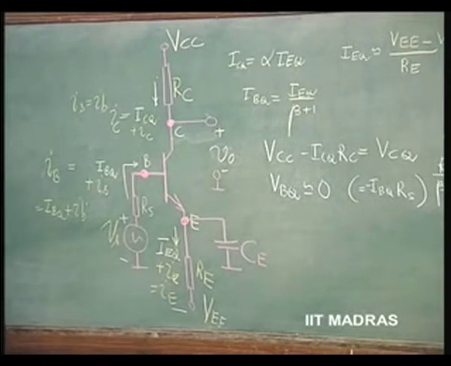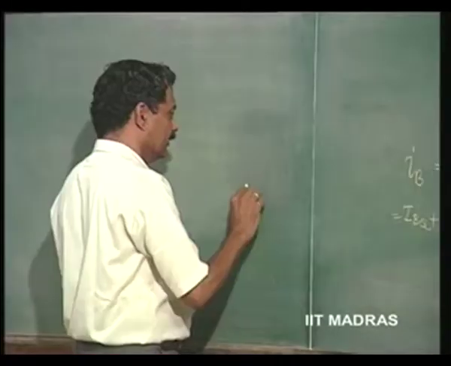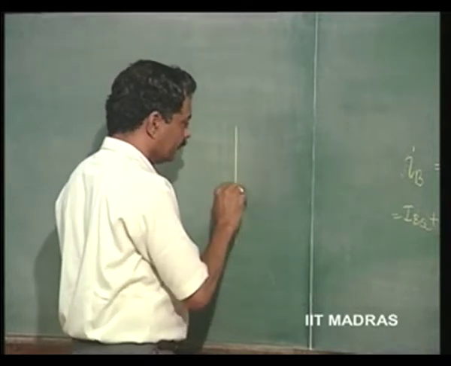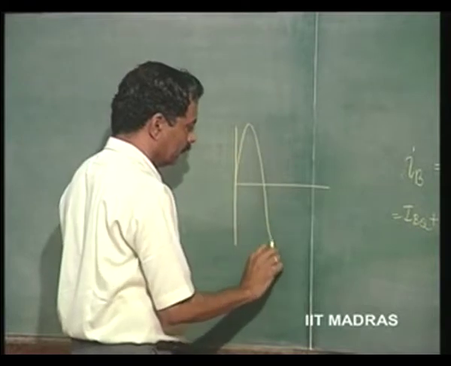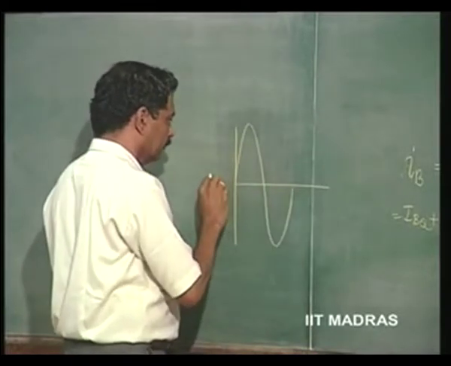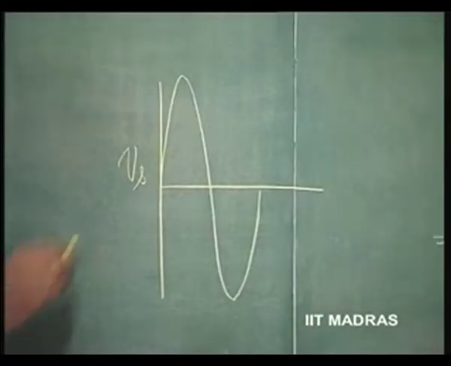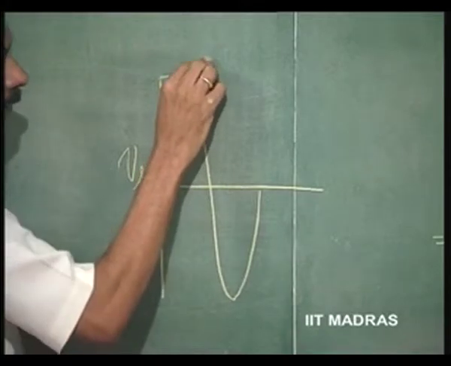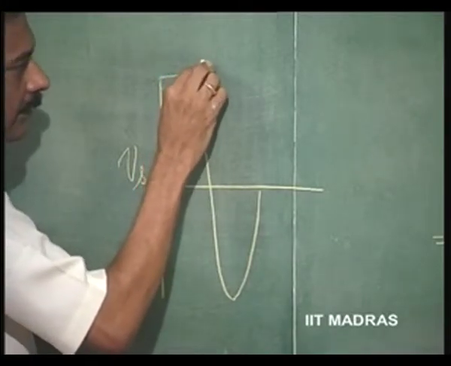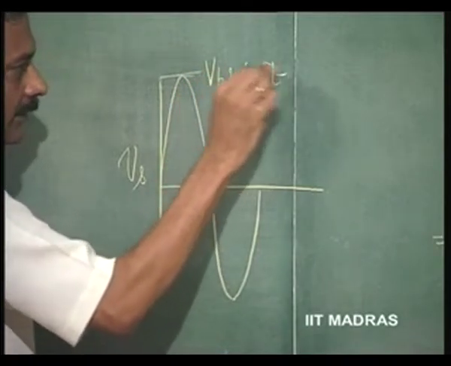Then we know that when the signal, let us say, is a nice sinusoid, this is the signal. So we will call this Vp sin omega t.